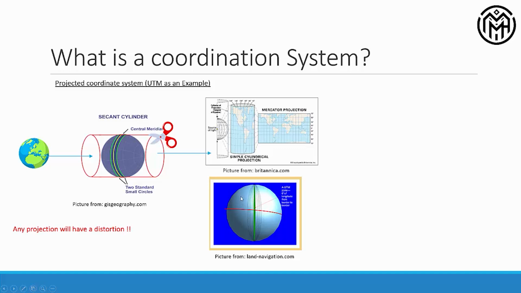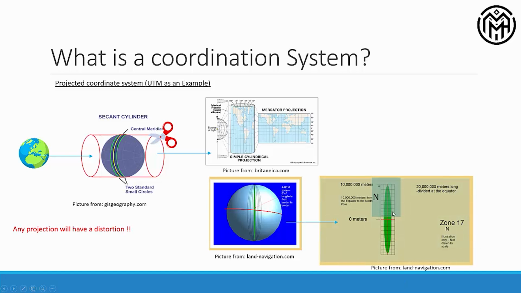For example, this is zone 17, so it will be 17N or 17 north, and here we have 17 south. So practically there are 120 zones. He has done this to minimize the distortion.